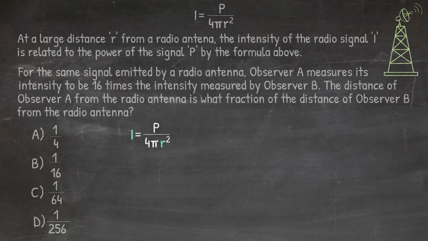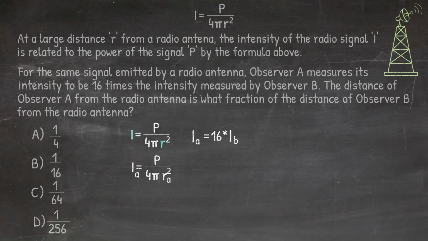We also know that the intensity measured by observer A is 16 times that measured by observer B. So we can set it up as I for observer A equals 16 times I for observer B. Now let's set up the intensity for both observers A and B. It would be for observer A, P over 4 pi r of A squared, because in this case we're taking the distance that observer A is standing at.